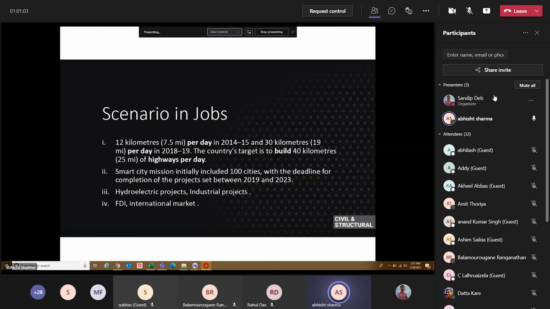I can name a few companies: Ramboll, WSP, AECOM, Jacobs is also there. Then we have Systra as well. Mott MacDonald is also there. So they have a good base in India already, but now they are expanding their team as well, as per the requirements from the international market.